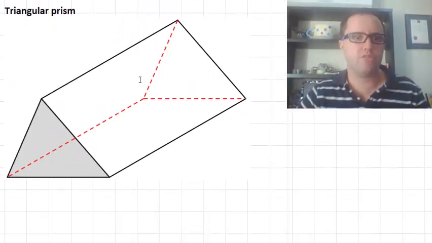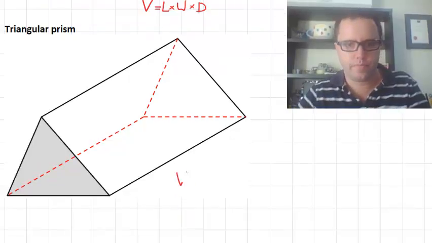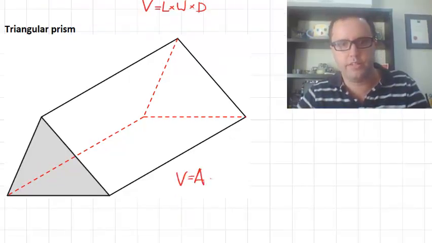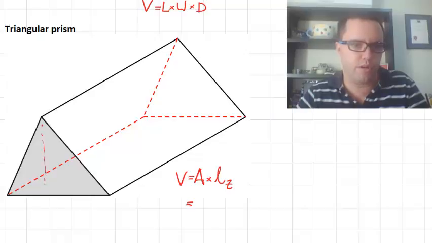Okay, our triangular prism. With our triangular prism, we need to think that as well. Again, go straight for that volume is equal to some area times that projected length there. The area we're talking about is this area of the triangle on the front here. Now, it would usually be given as this perpendicular height.